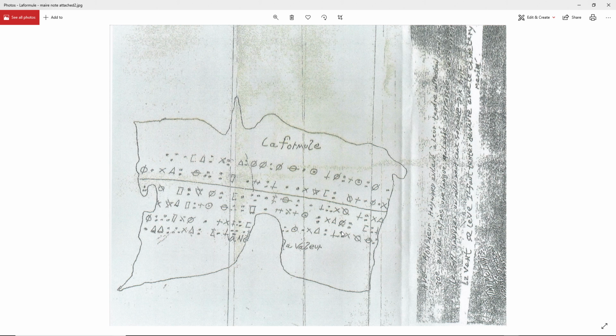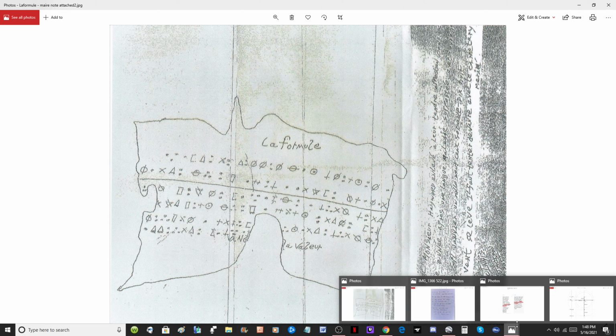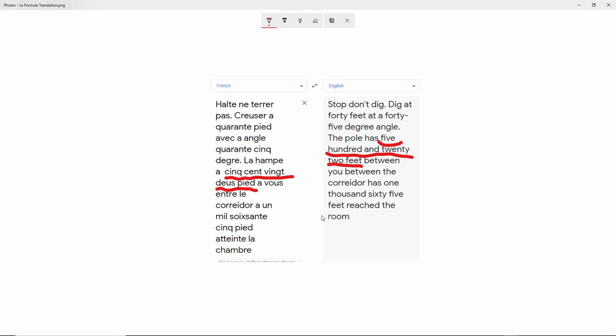It was fully deciphered by, I believe, a university that was hired by the Oak Island team to decipher it. With the translations, and I've done this before on a translator, when you translate it from French to English, with the substitution of those symbols, it comes out to 522 feet.